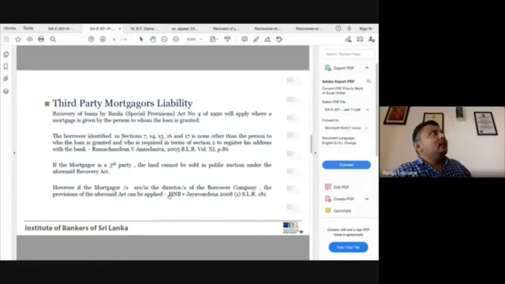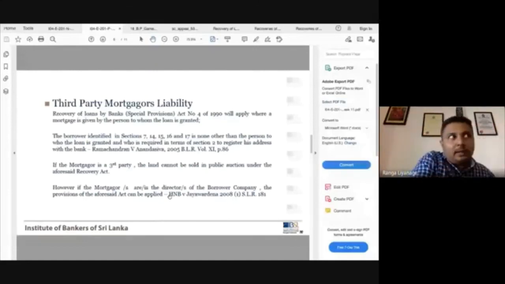In other terms, the court held that the company's alter ego is the director shareholders, right? Therefore, in such a situation, you can Parat execute the property, despite the fact that the borrower is the private limited company and the mortgagors are the director shareholders, right?